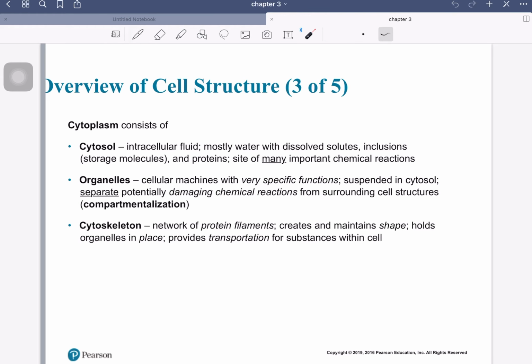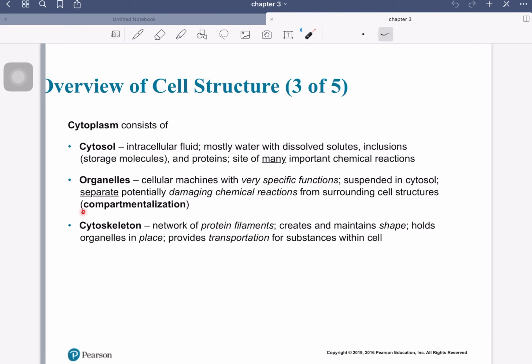This compartmentalization also ensures that the work that happens in that organelle will not affect the rest of the cell, because there could be enzymes within that organelle which are really very important for it to carry out its work. But if they weren't contained within that organelle, they could be quite destructive to the cell or the local tissues.